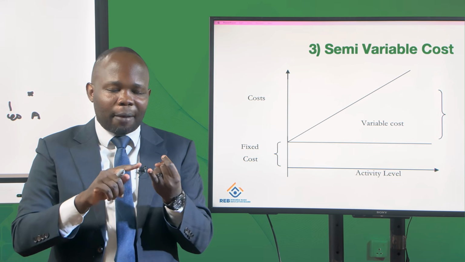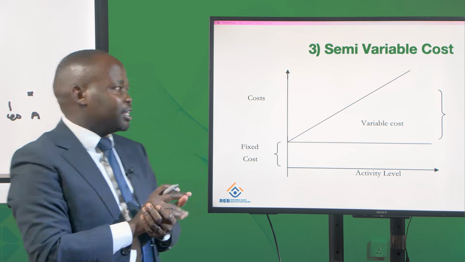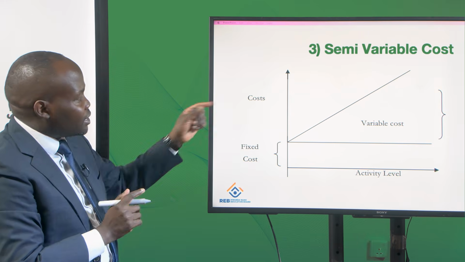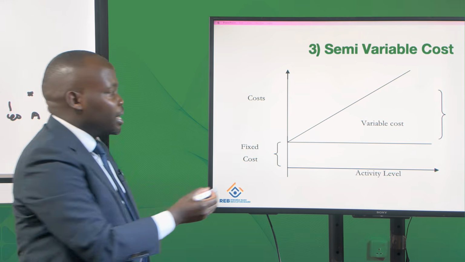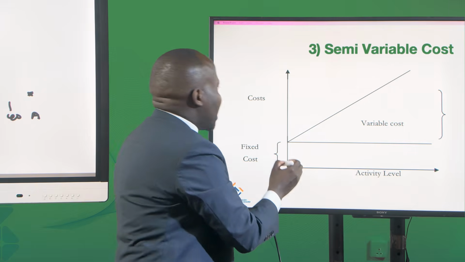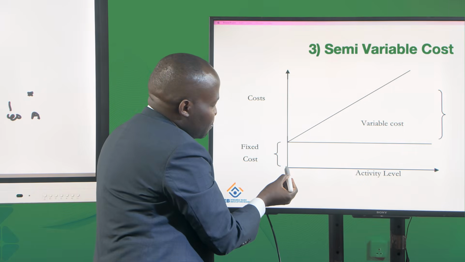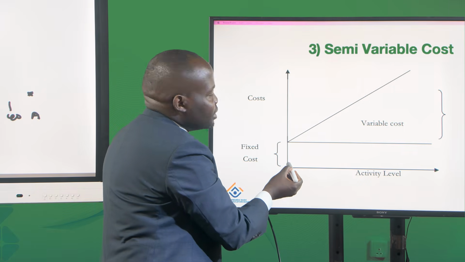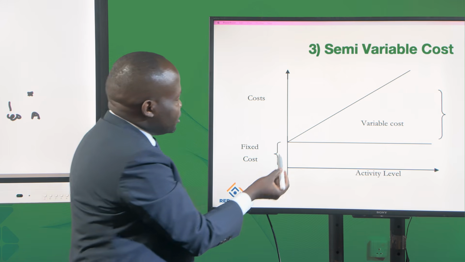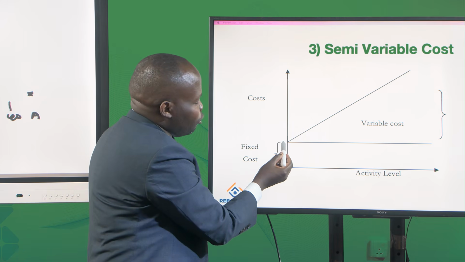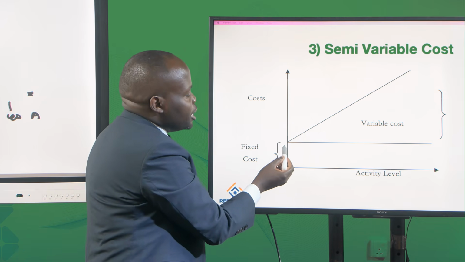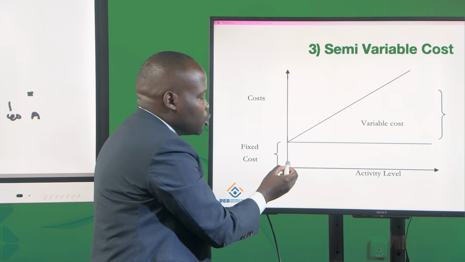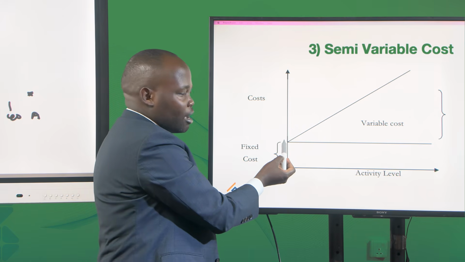A cost that has a part that is fixed and a part that is variable. Let's look at our illustration in this case. If this is the activity level and this is the total cost, remember total cost starts from point 0. So if, for example, we have a value of 1,000, it means that when you produce 0 units, the cost is 1,000.